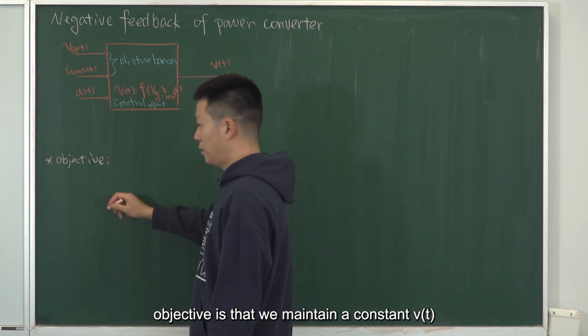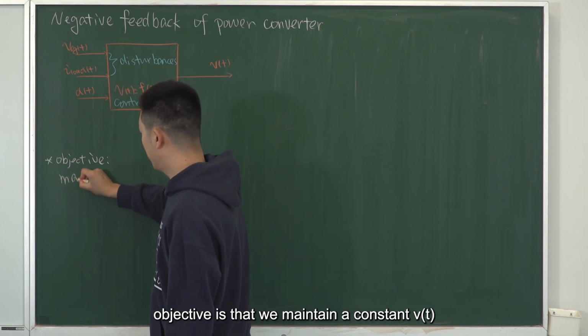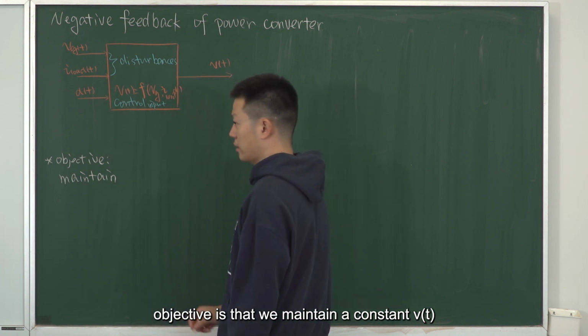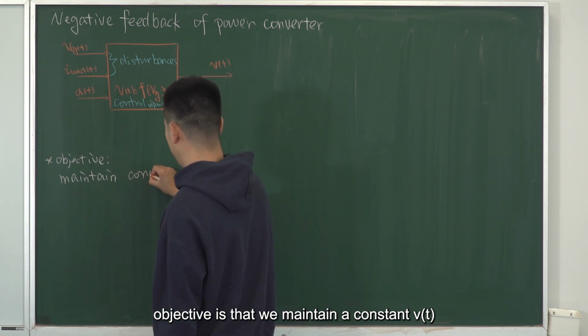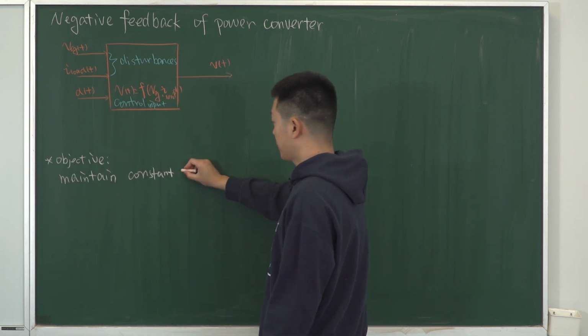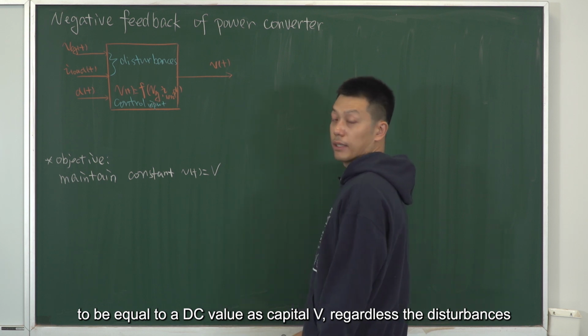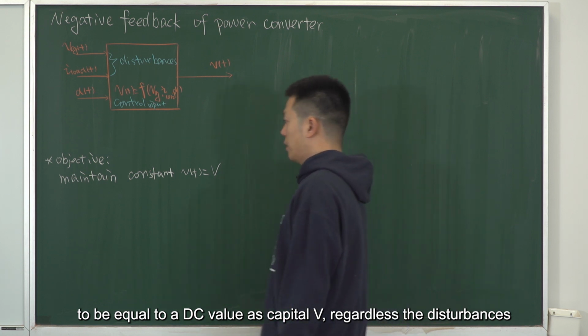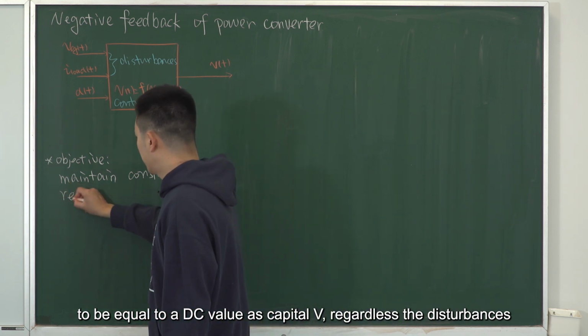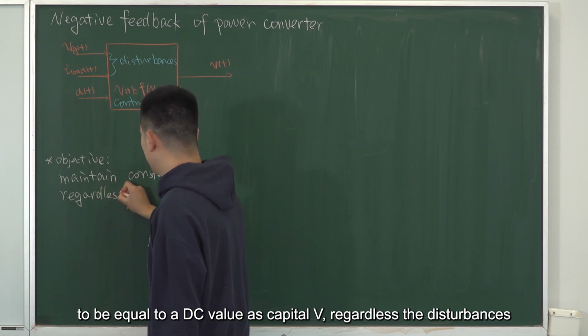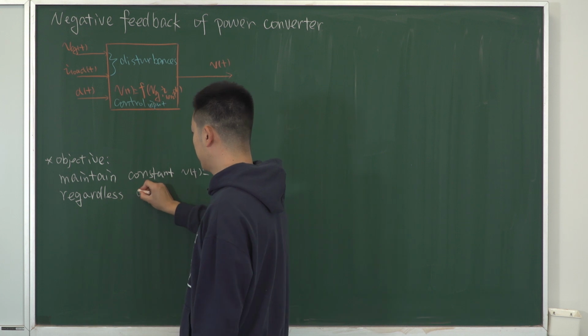The objective is that we maintain a constant Vt to be equal to a DC value, capital V, regardless of the disturbances.